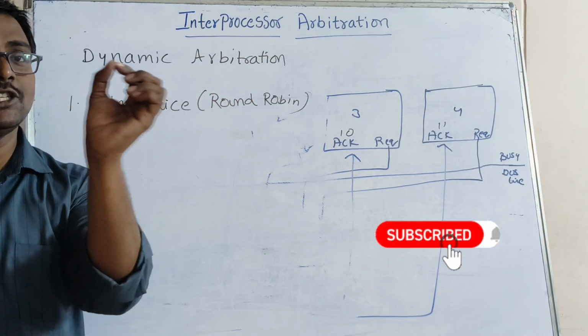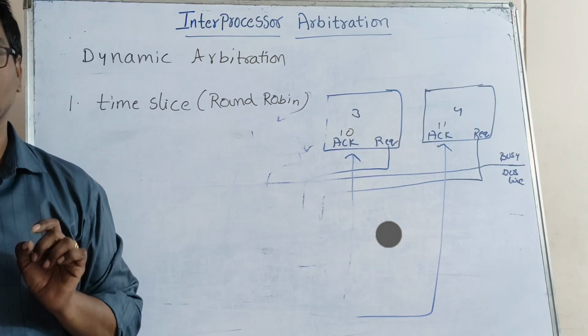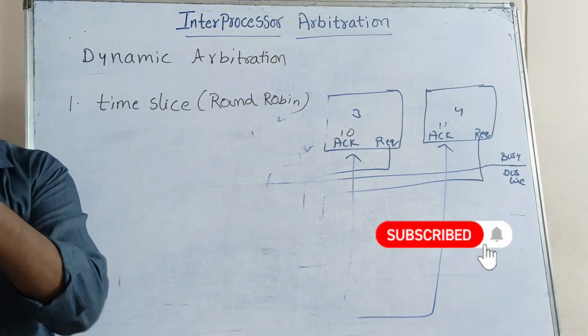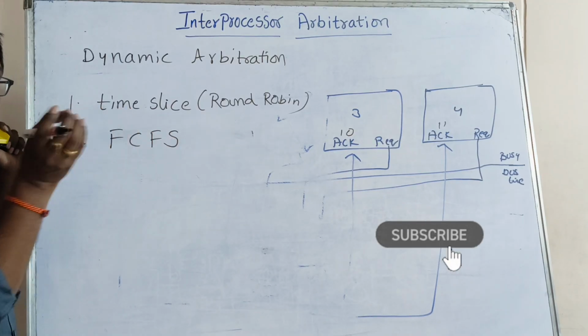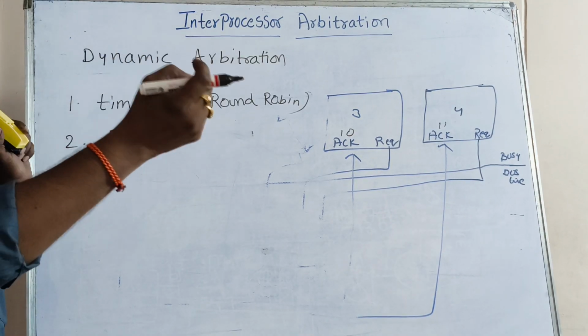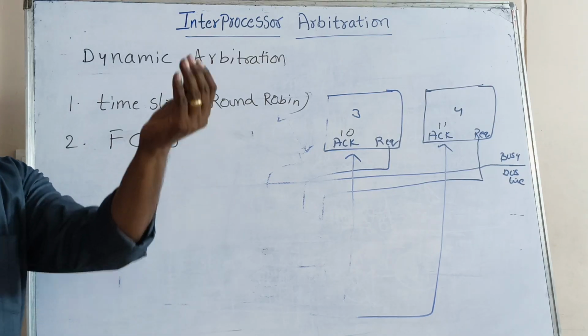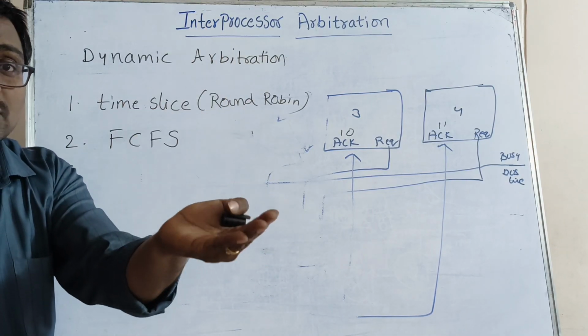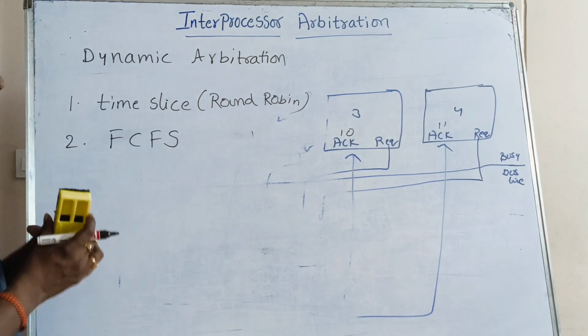That is, each processor is executed for a fixed amount of time, so all the processors get the common bus. Another one is FCFS. The bus is allocated in the order of their arrival. That is, simply we maintain a queue. The processor that first requests the bus gets the bus. First come, first served.